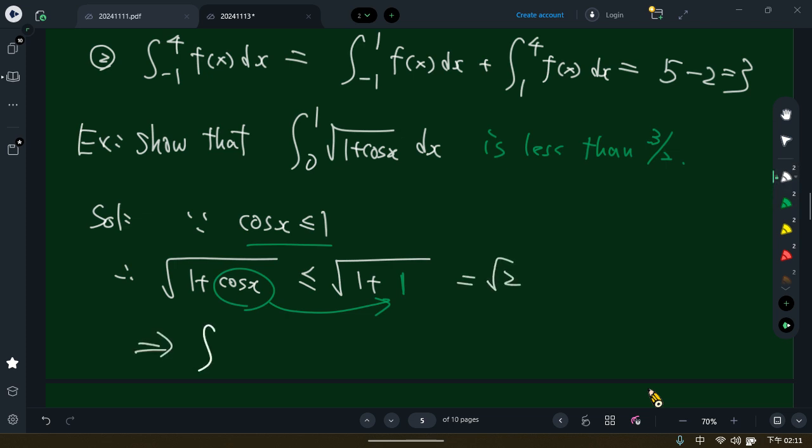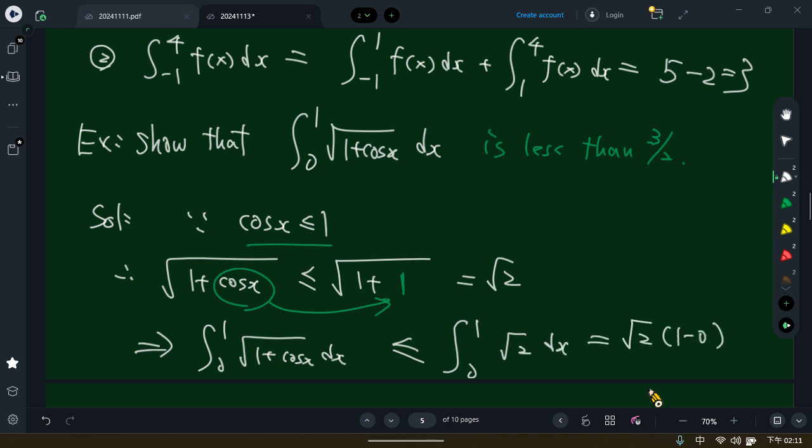So if we want to calculate the result, that will be less than this one. So that will be the square root of 2 times 1 minus 0. That will be less than 3/2.